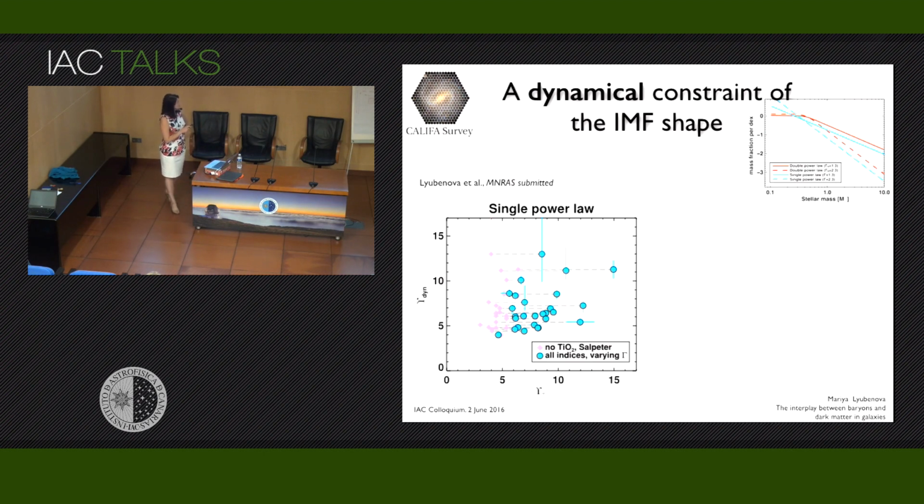So when we included all indices, so now also including the dwarf to giant sensitive index, and we allowed the slope of this single power law shape, like here it is for reference, to vary, then this is where our points landed. The horizontal lines just connect the same galaxies, for guiding the eye where they move.